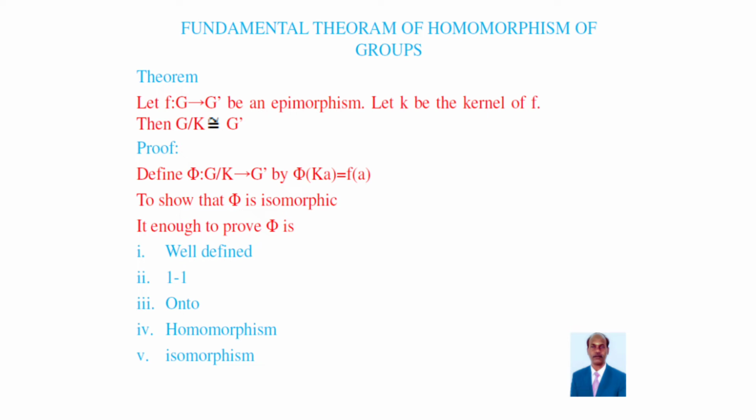So it is enough to prove the following conditions. First, we want to check that the defined function pi is well defined. Then we want to verify that it is one-one, onto, and a homomorphism, and hence an isomorphism. If all these conditions are satisfied, then we can say pi is an isomorphism.